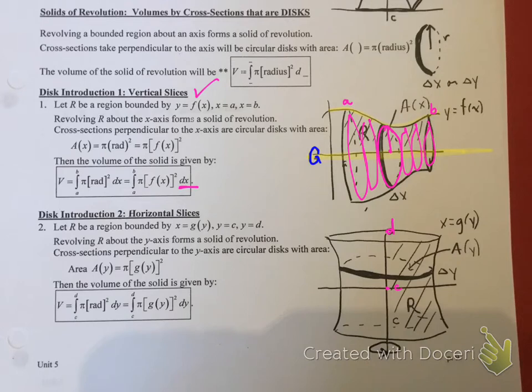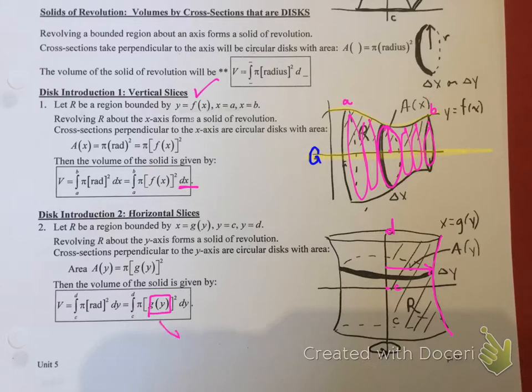So when you revolve around the y-axis, my radius is going to be coming out from the y-axis to the function. Okay, so what I'm going to do is integrate from the lower limit to the upper limit. So I'm integrating from C to D, pi radius squared. This time around, the radius is g at y. I keep on saying that backwards. So g at y squared dy.